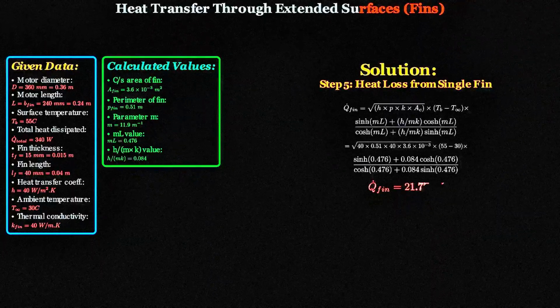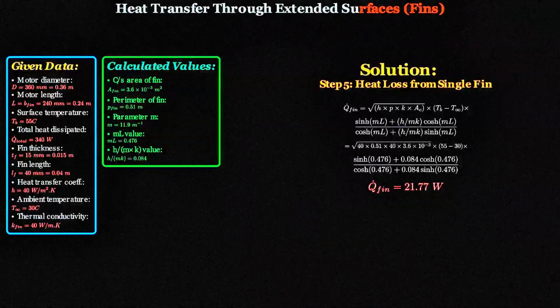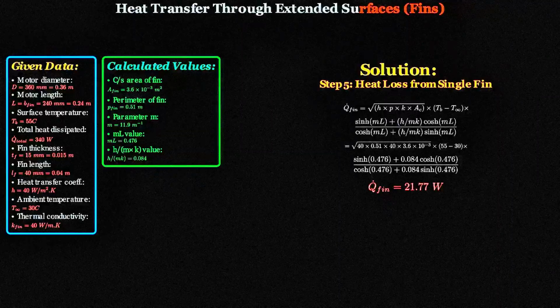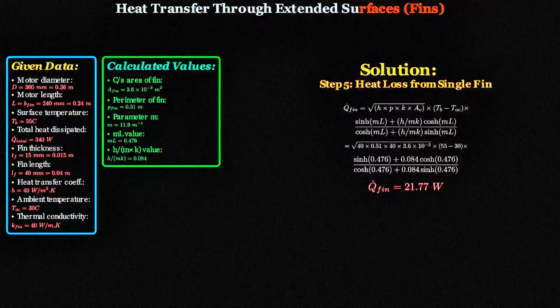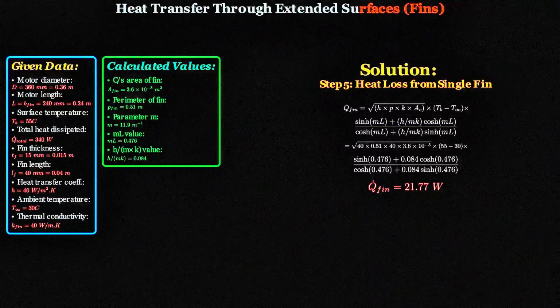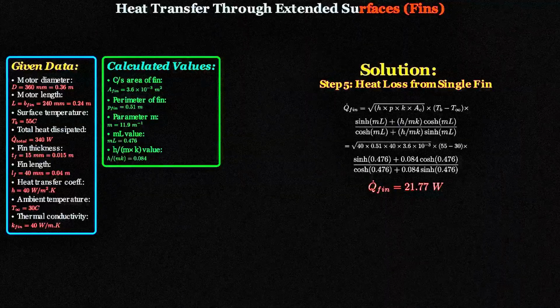So we have 0.4939 plus 0.0937, which equals 0.5876. The denominator, cosh of 0.476 plus 0.084 times sinh of 0.476, which is 1.1152 plus 0.0415 equals 1.1567.